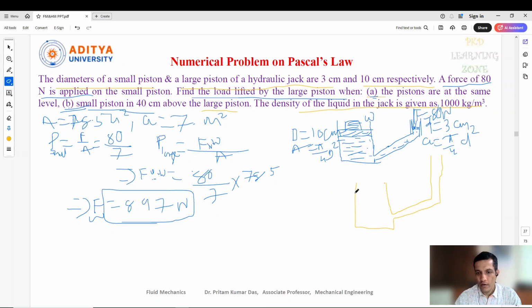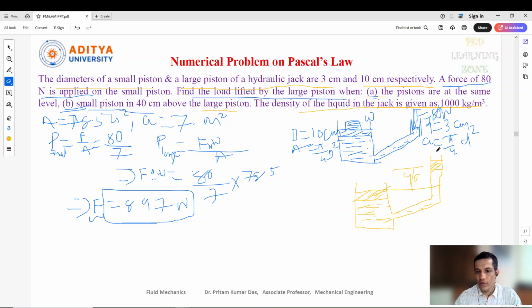Okay, now this is our normal piston here, and here another piston is with a gap, with a height of 40 centimeter from here.